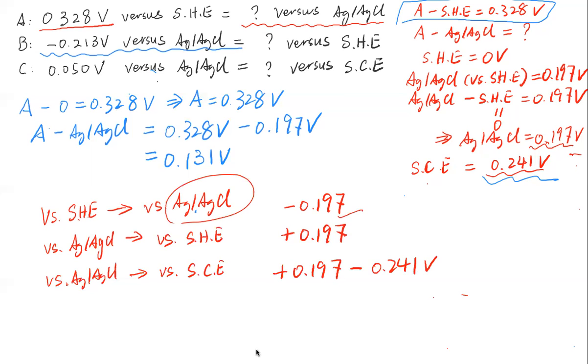So the two values will be changed here. And if you're converting from SCE to silver chloride, then you also have to flip these two values. I try to leave you some space to think about it by yourself. But if you have more questions, please feel free to email me.